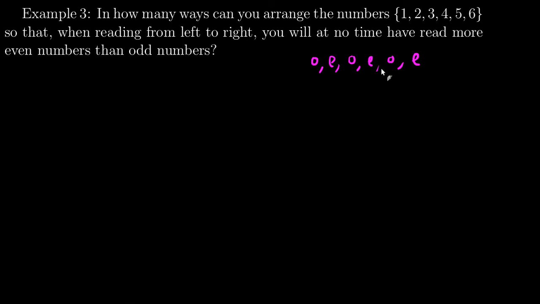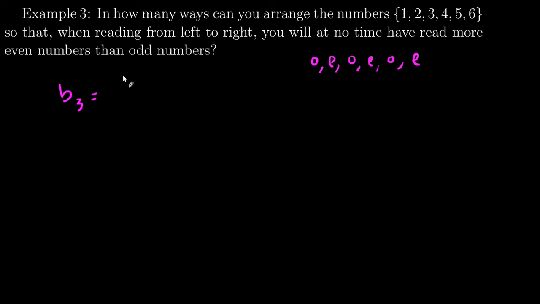And if I just have this set of elements, there will be some number of ways to arrange this so that you'll always have more O's before you get E's.